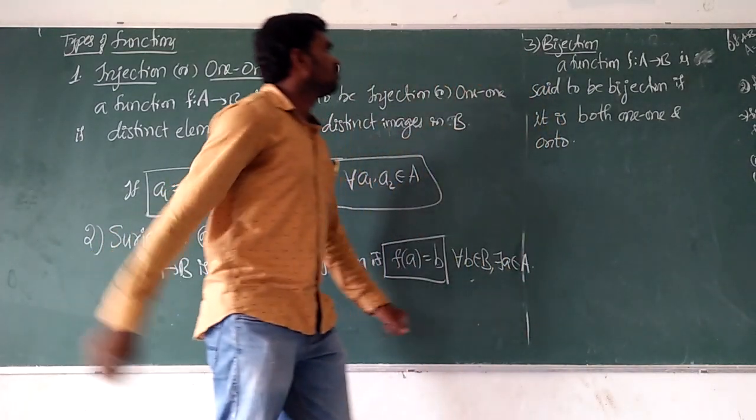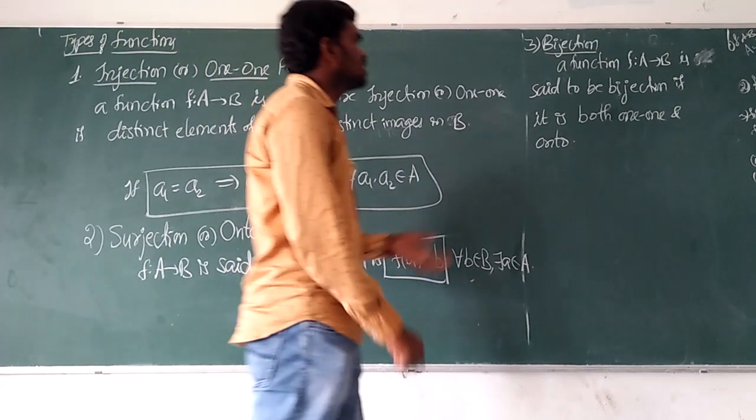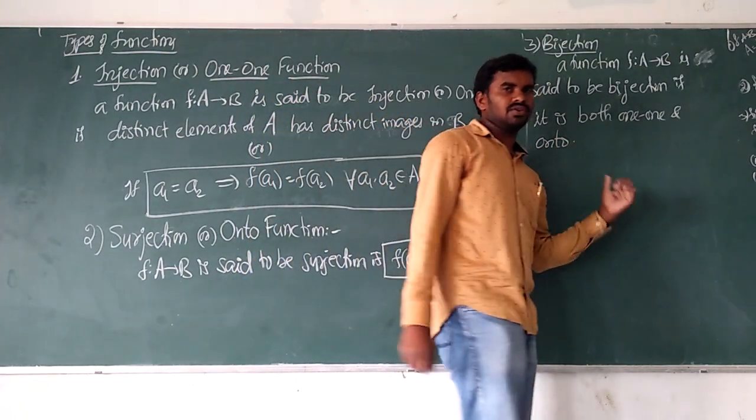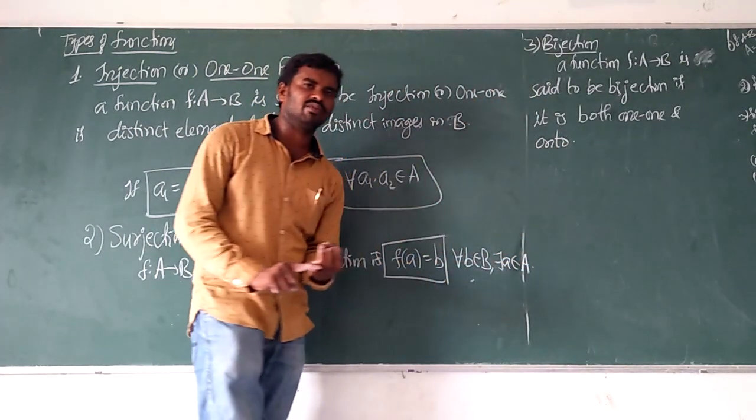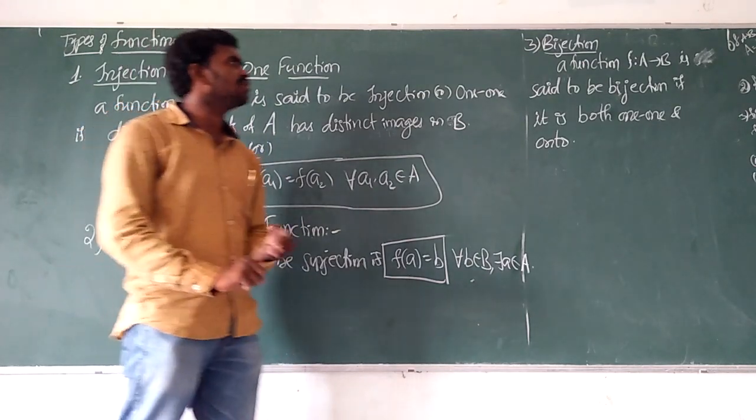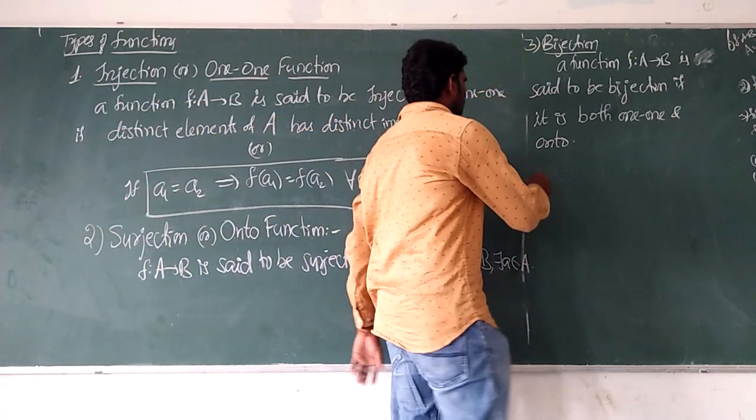That's it. A function that satisfies one-one function and onto function, then we can say that it is a bijection.